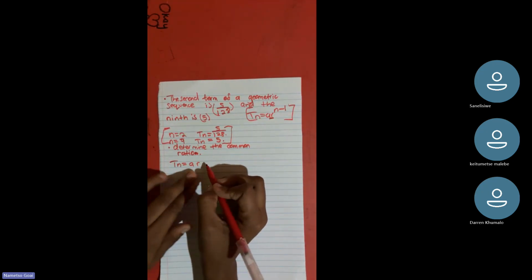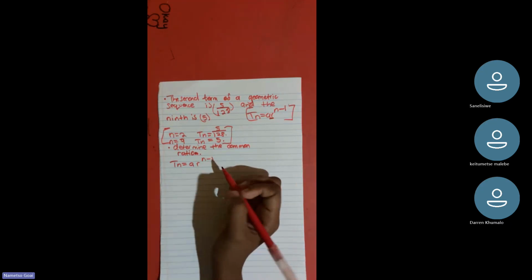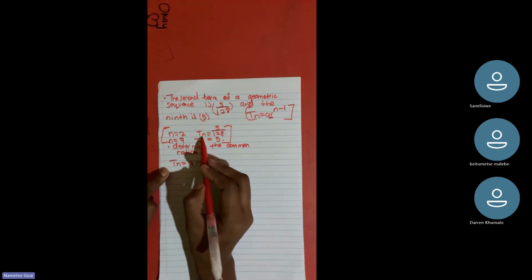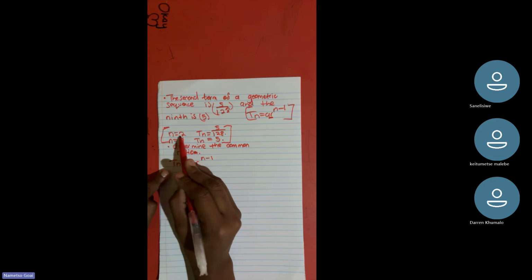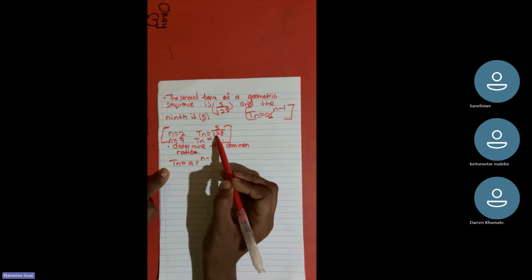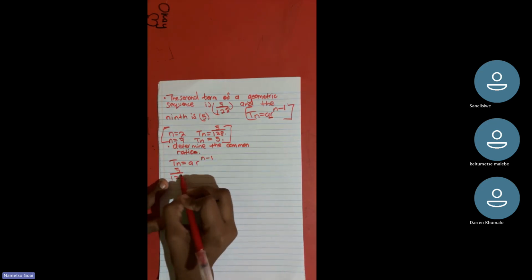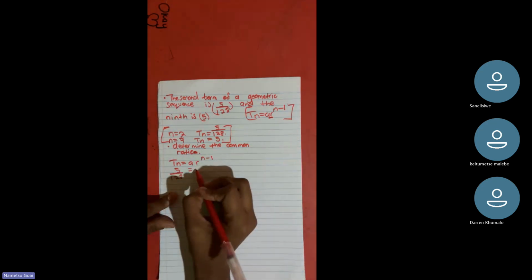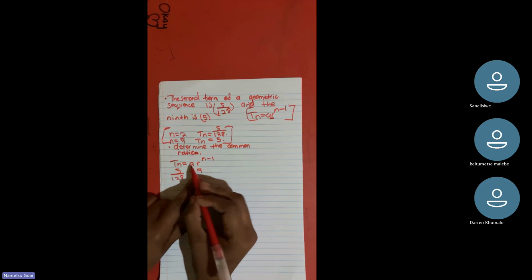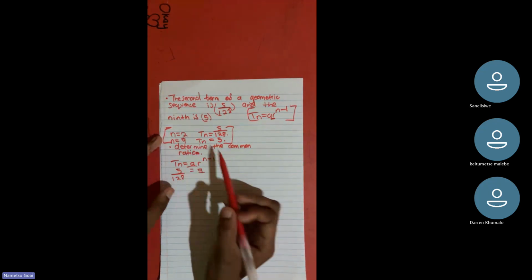So if Tn equals A r to the n minus 1, okay? They're saying that for the second term, the value is 5 divided by 128. So we know that this 5 divided by 128 will come here, right? We don't know what our A is because A is the first term of the sequence. They just gave us the second term, right?